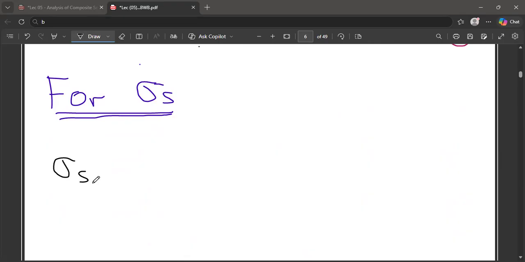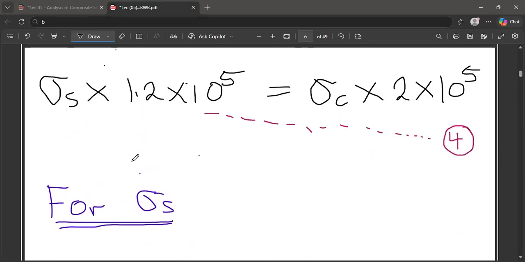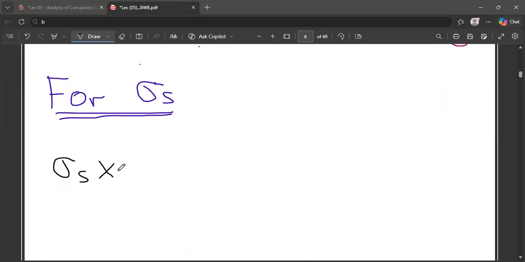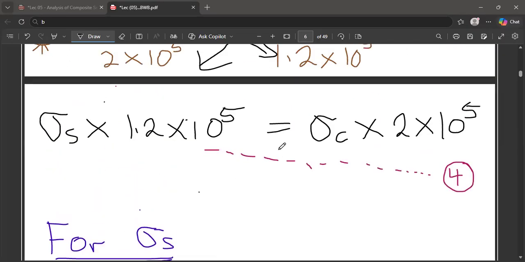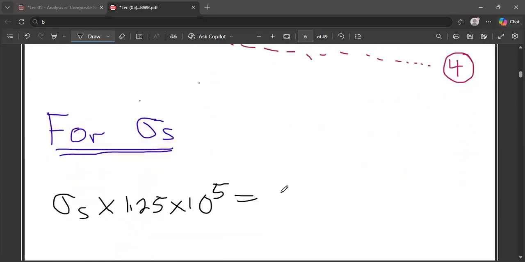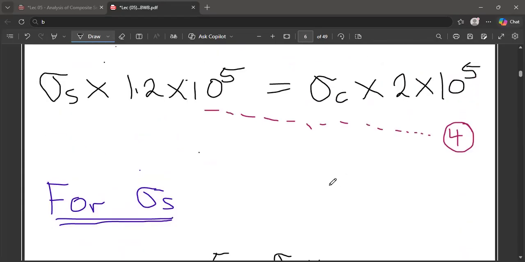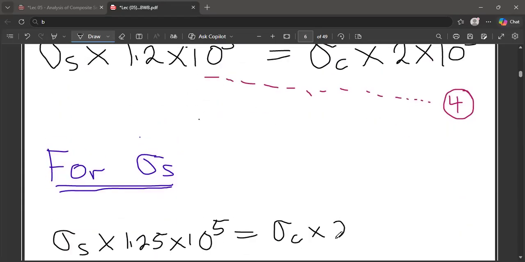So the stress in the steel rod times 1.25 times 10 exponent 5 is equal to the stress of the copper times 2 times 10 exponent 5.